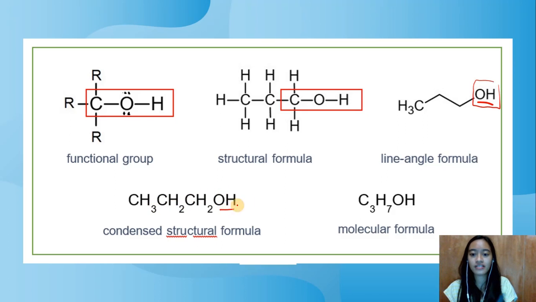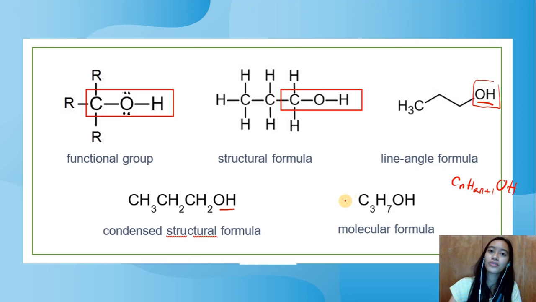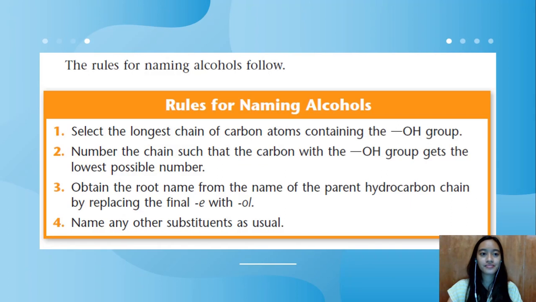The molecular formula follows the general formula we mentioned before, CnH2n+1OH. So 3, then 3 times 2 is 6, plus 1 is 7, OH. This is how you write the molecular formula of alcohols.